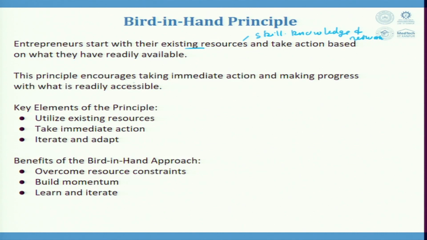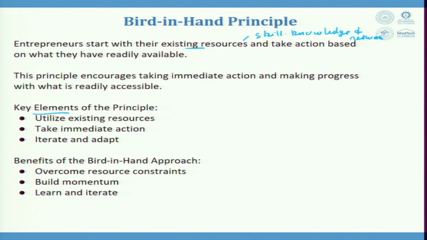This principle encourages taking immediate action and making progress with what is readily accessible. The key elements of the principle are utilizing existing resources, taking immediate action, and iterating and adapting to the existing situation.